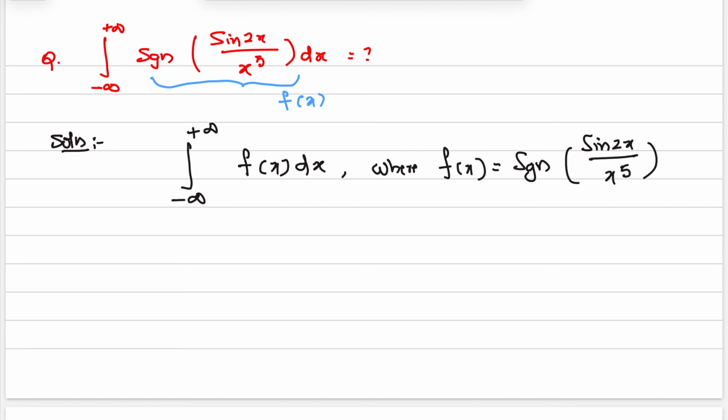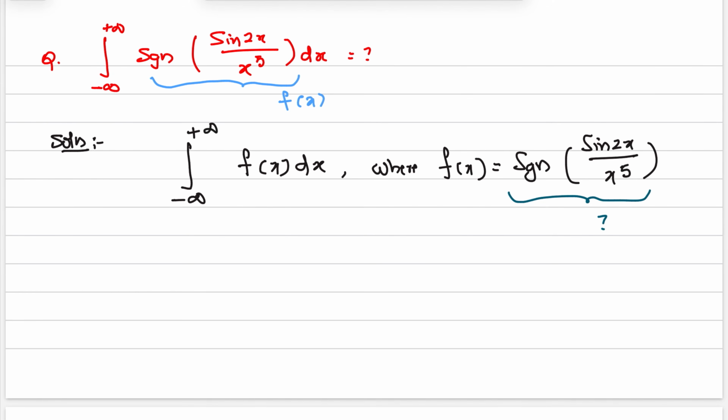Until and unless we understand the definition of the signum function, we will not be able to understand function x, and until and unless we define function x correctly, we cannot calculate the integral. Now our main aim is to find out what this signum function means.